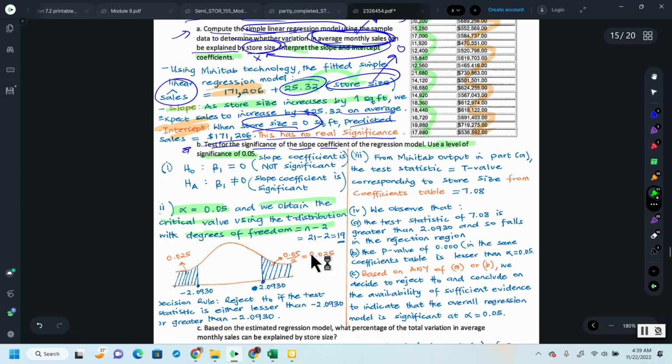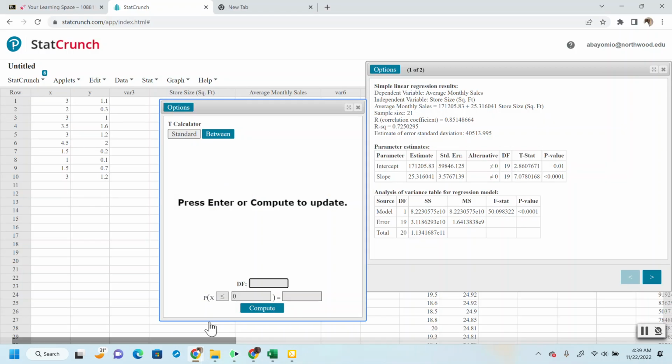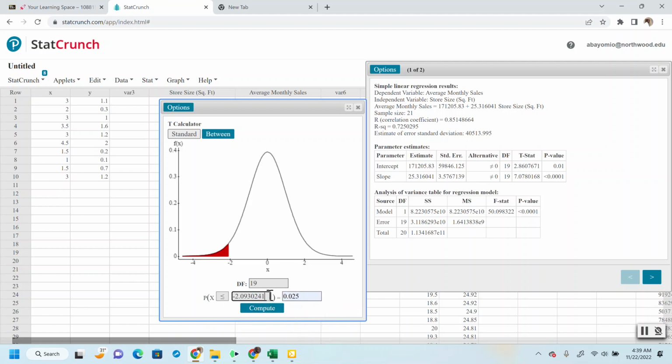You have 2.5% or 0.025 on either side. So I need the 0.025 and 19 as parameters to set for the t calculator. So I'm going to have 19 and 0.025, and I will click compute the critical value, which is negative 2.09.